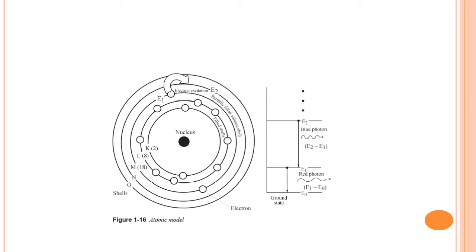So in this case, when going from E2 to E1, this is emitting a blue photon, and when going from E1 to E0, it is emitting a red photon.